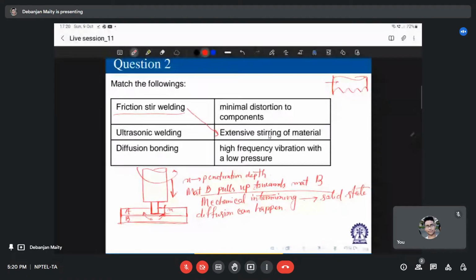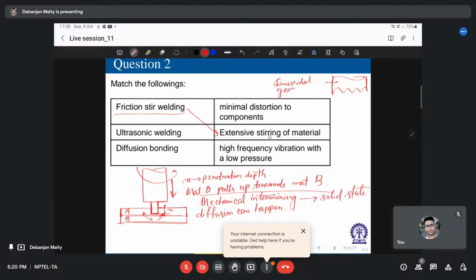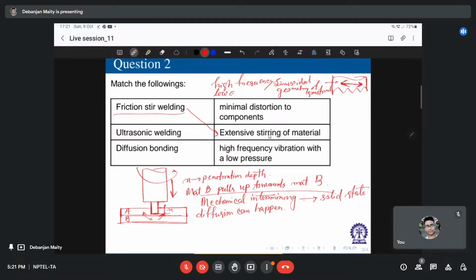Let's say this is a sinusoidal geometry, which can move like this with high frequency, low amplitude vibration.